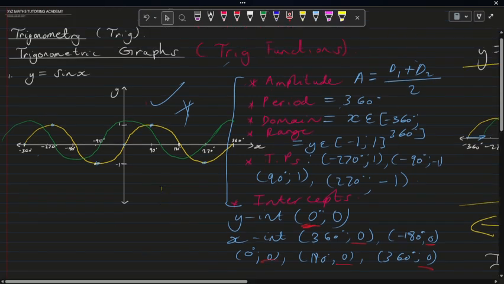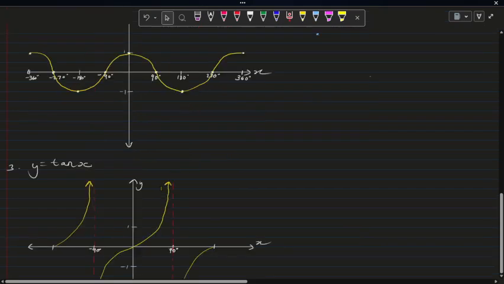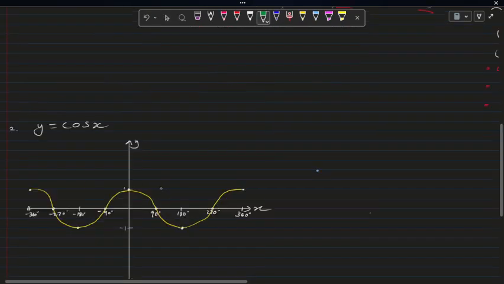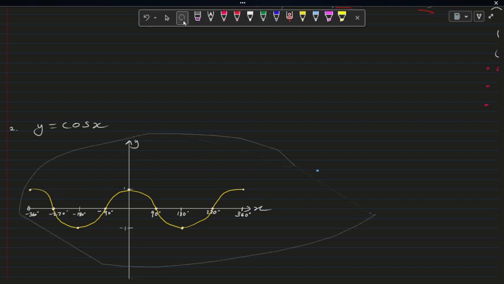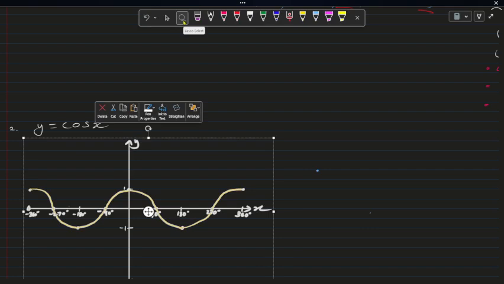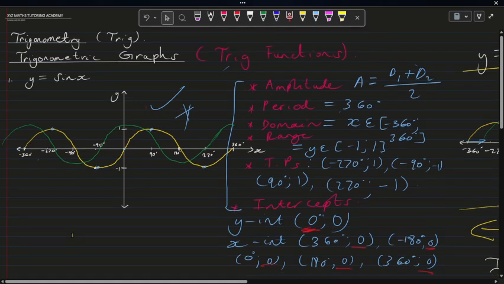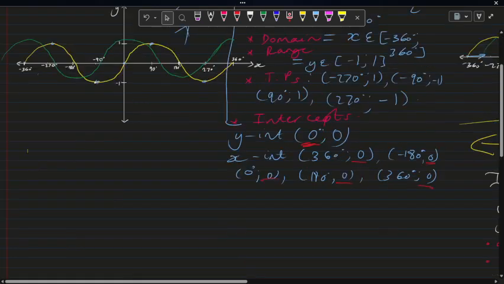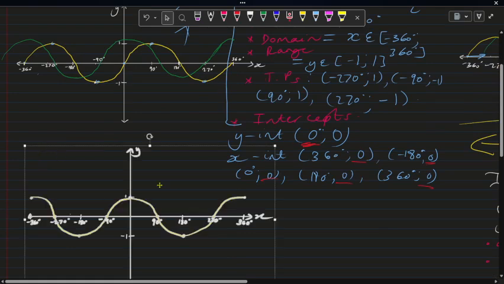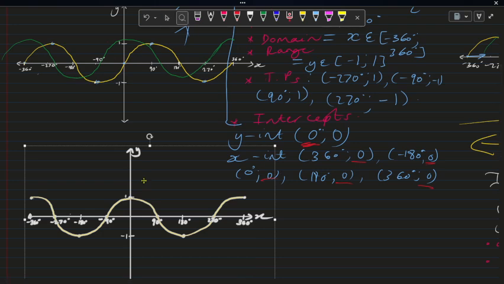Hopefully this is clear. Perhaps I can try to move everything. Okay, just put this there.